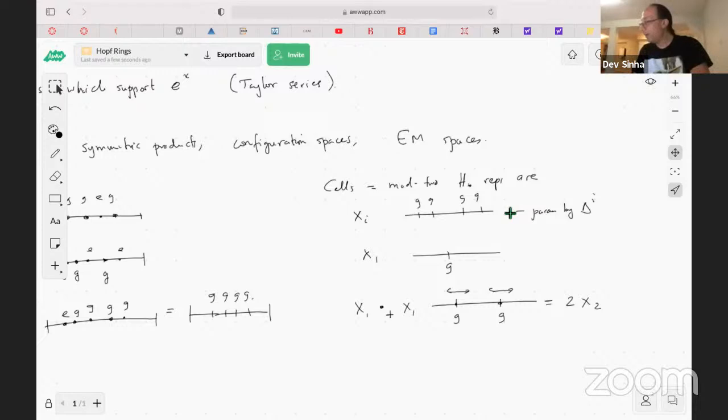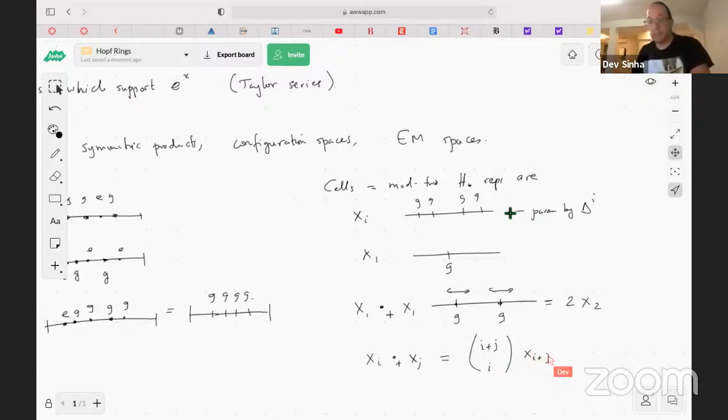And in general, you can see that the product in homology of xi and xj is going to be this binomial coefficient of shuffles times x(i+j).